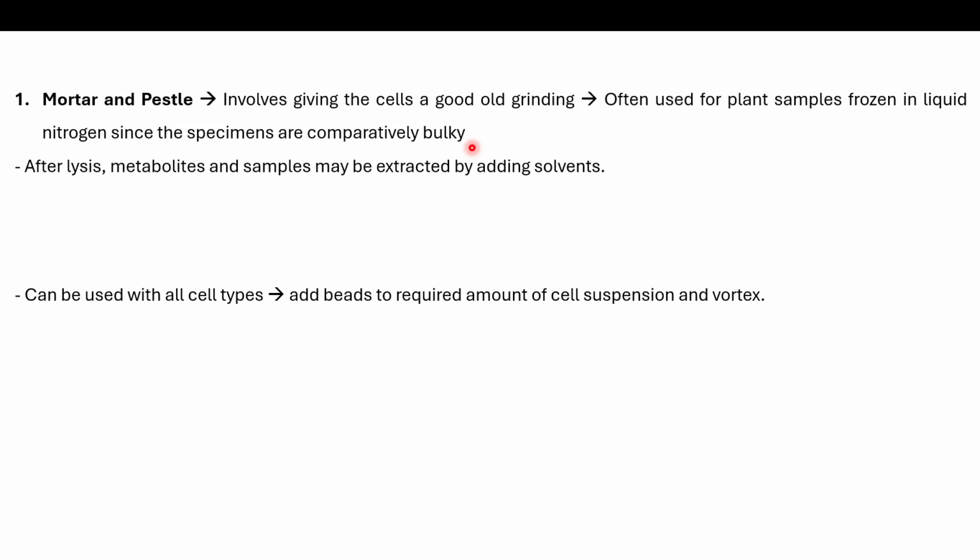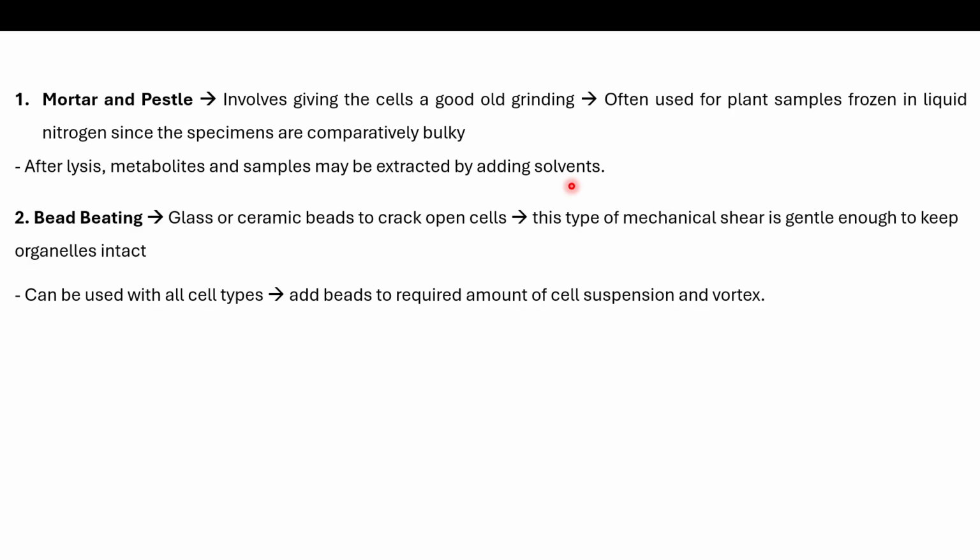You crush it and then grind it using an appropriate buffer, and that helps in grinding the cells, here in case of plants. After lysis, metabolites and samples can be extracted by further downstream processes, where again the solvents and buffers matter. But here we are focusing on the lysis step.